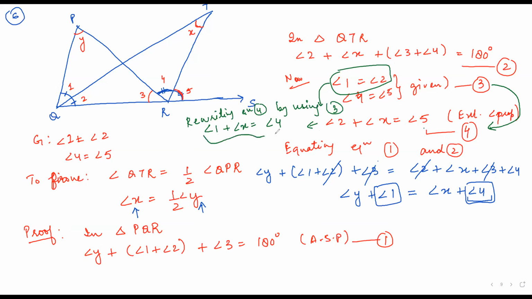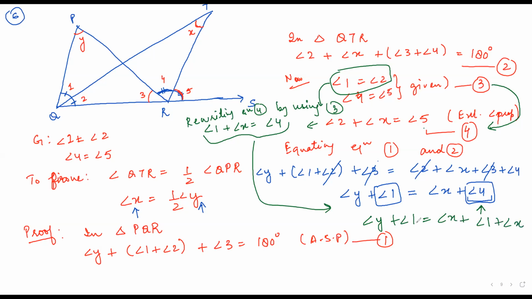Now I'm going to use this result here, right? So in place of this angle 4, I'm going to write this angle 1 plus angle x. Is that okay? Yes. So angle y plus angle 1 is equal to angle x plus, now angle 4, I can write angle 1 plus angle x. No issues.